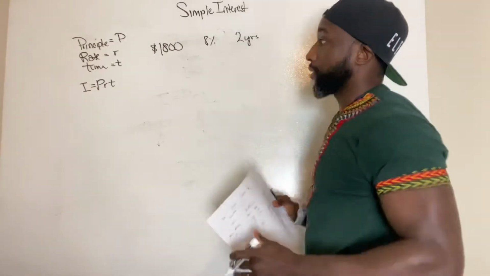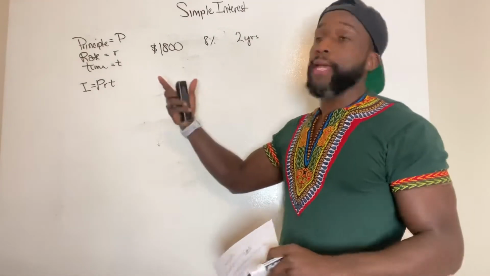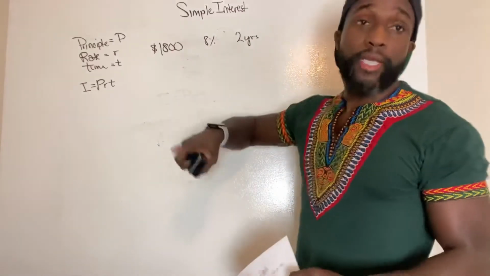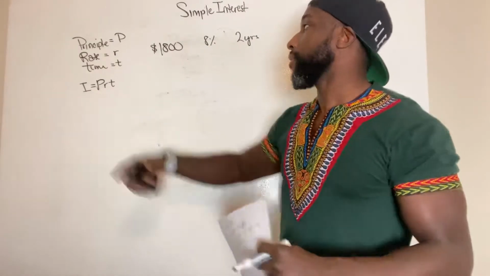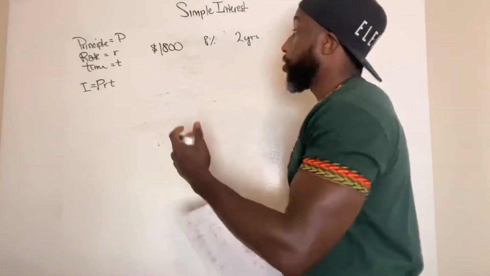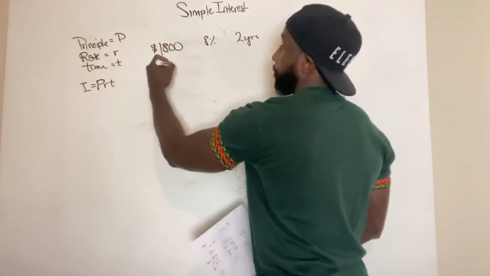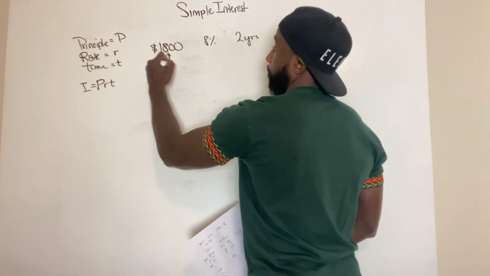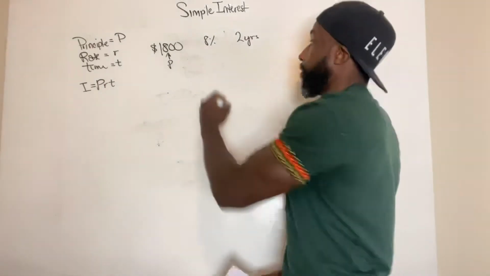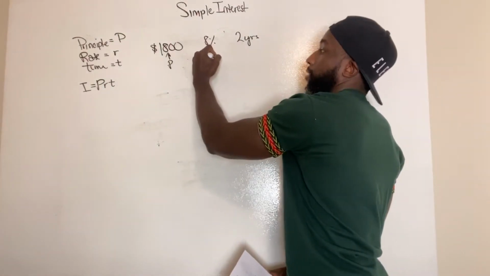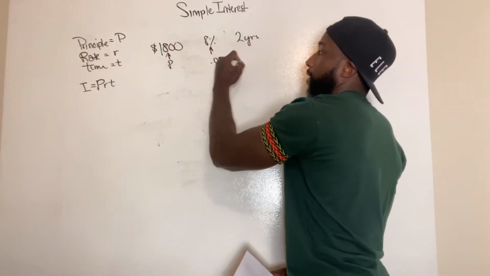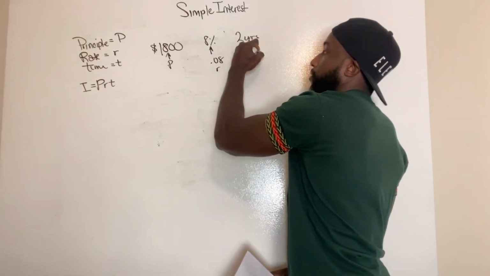Now we're calculating simple interest for more than a year, but we use the same formula. The loan amount is P. The next thing is to figure out the rate: 8%, or 0.08. That's R. And the time is 2 years.